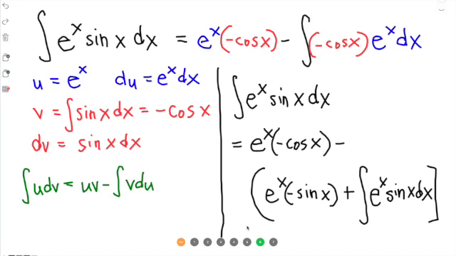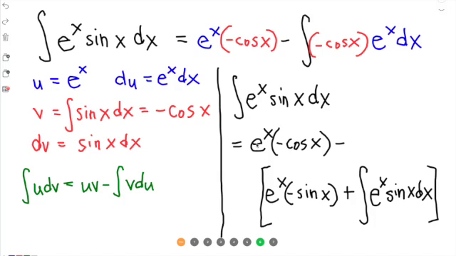Okay, so does that make sense to you? I hope it does. So do we need to do integration by parts again? No, we just simply need to recognize the fact that we have similar functions from the left and to the right. Okay, so let me just make this clear.